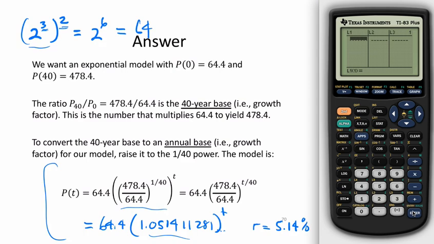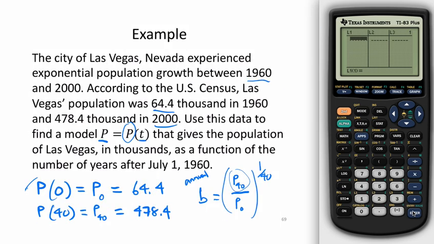I put the two original data points into my calculator, P of 0, so input 0, and P of 40, input 40. The corresponding outputs are 64.4 and 478.4. There's the data that I was given in the appropriate form based on the way we're defining our variables.